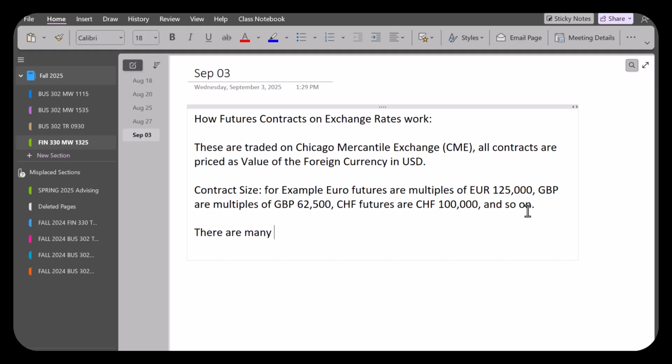There are many contracts, typically for a few months after the current month, but later at the quarter end months.